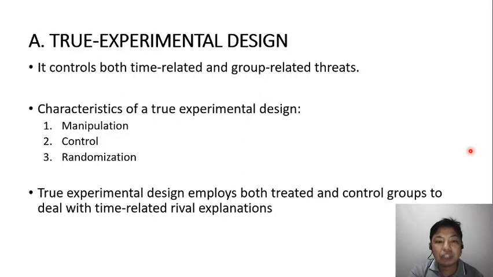A major characteristic of a true experimental research design is that it has three major characteristics. First is manipulation, second is control, and third is randomization. So what do we mean by this? Pag sinabi nating manipulation, the researcher has full ability to manipulate the variables of the study.